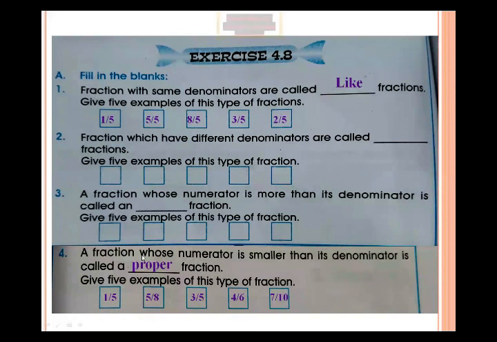A fraction whose numerator is smaller than its denominator is called a proper fraction, as we saw in the previous slide. Now give 5 examples of this type of fraction.